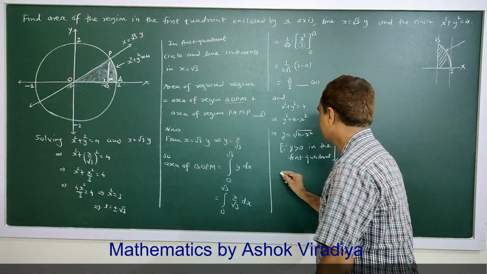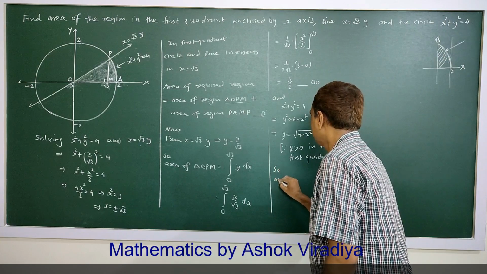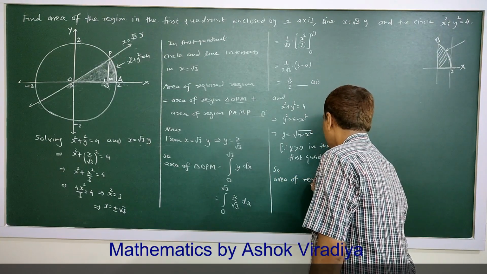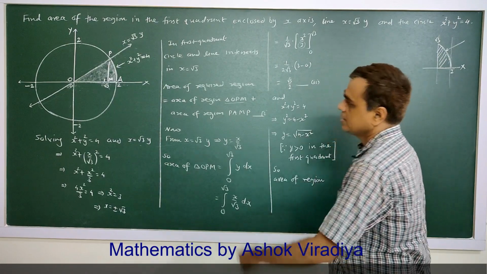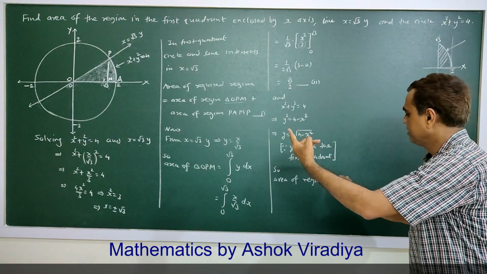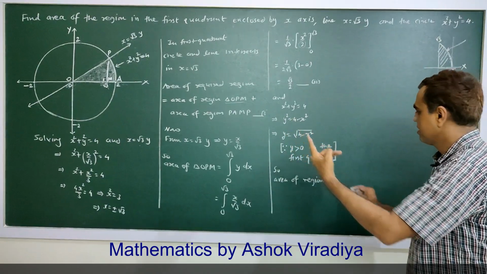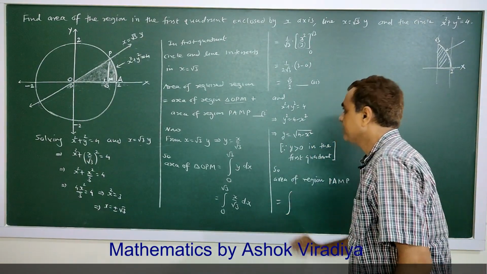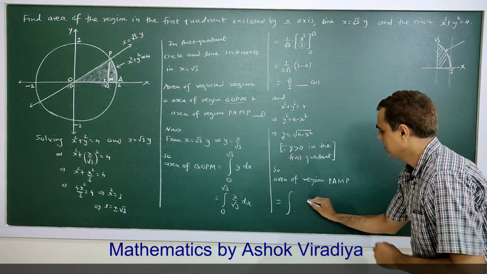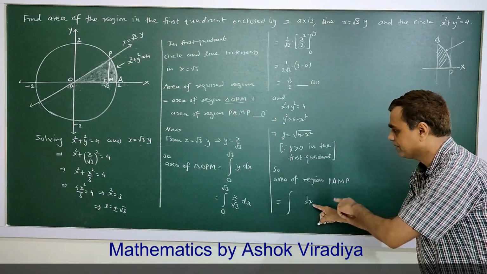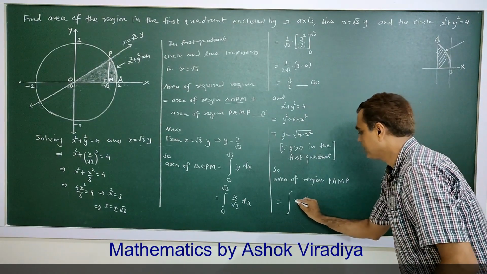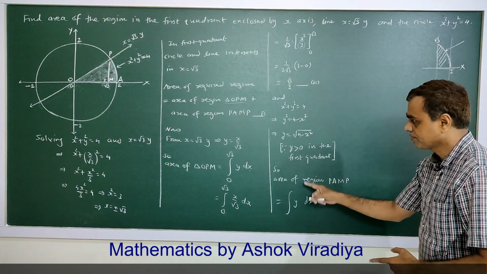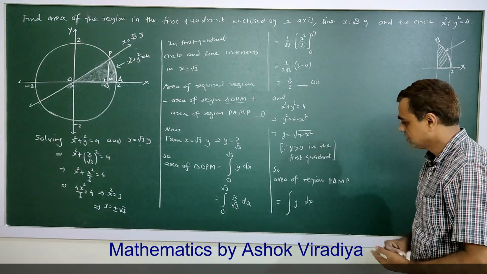Now the area of region PAMP is bounded by the x-axis, so put here dx. When you keep dx here, we have to put y from the second equation.